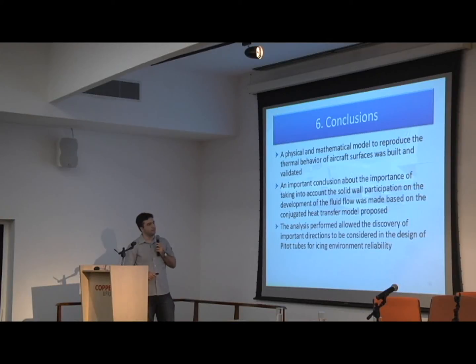Now we concluded about the wall participation importance in both the transient and now in the steady state. As I said, that graph back there, it overestimates the temperature there. In icing analysis, this is critical.